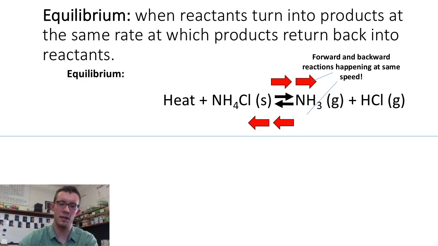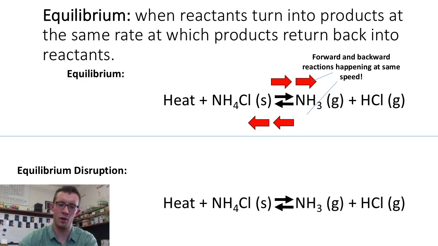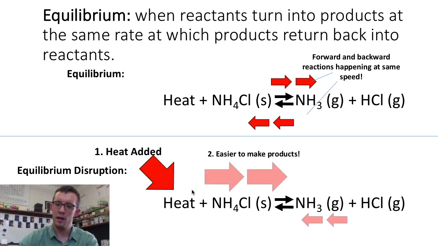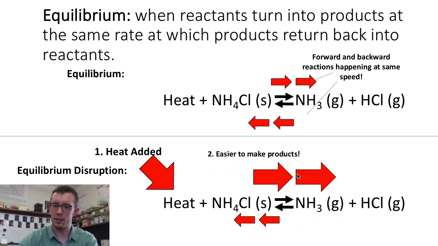But you've also learned that there are some changes that can occur that will throw a system out of equilibrium. We call these changes disruptions to equilibrium. So to take the same reversible reaction, if we were to add heat to this reaction, that would make it easier to make products. If we added some heat, it would be easier to convert our reactants into products.